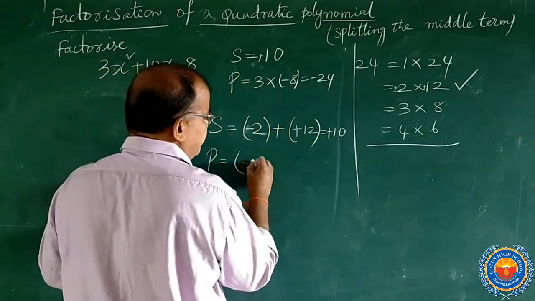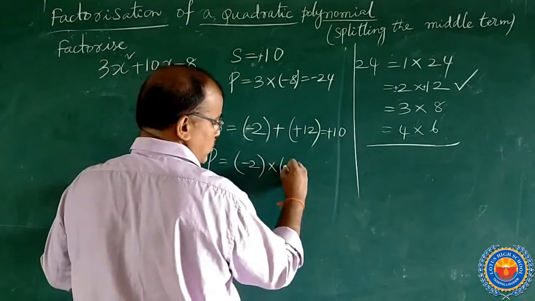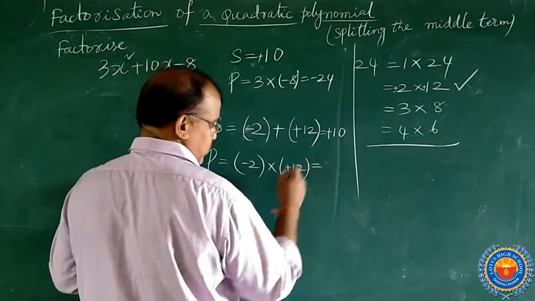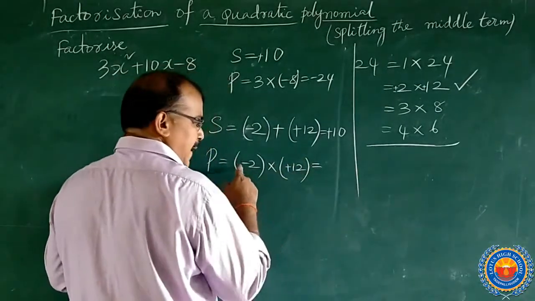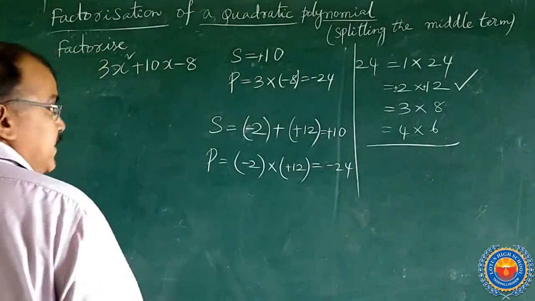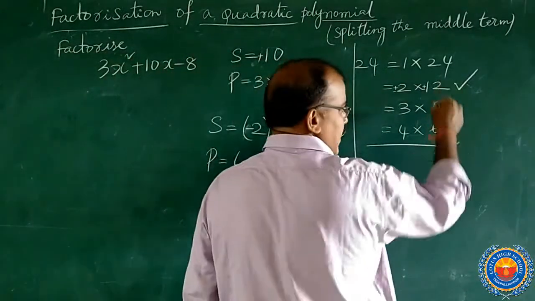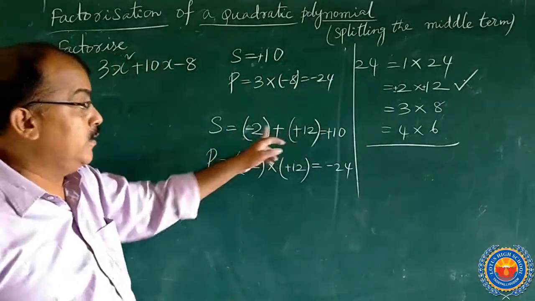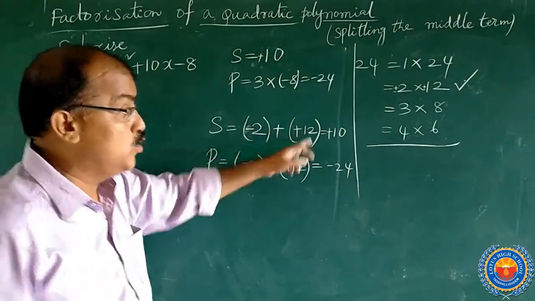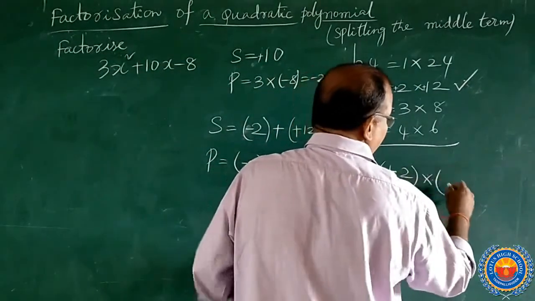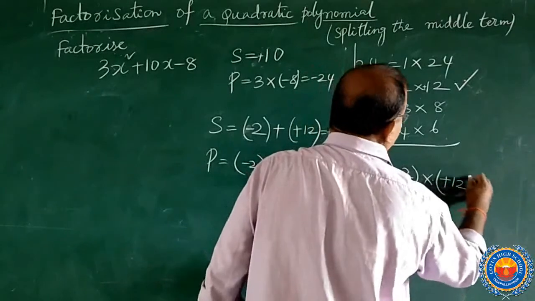Product is equal to minus 2 into plus 12; 2 12s are 24, minus into plus is minus 24. Yes. Now this my assumption is correct. Either this one or this one, I said no. This is okay. That's why we can take one negative, one positive.